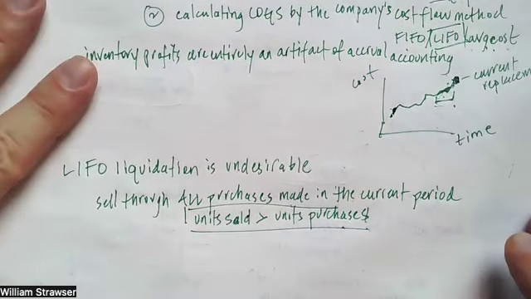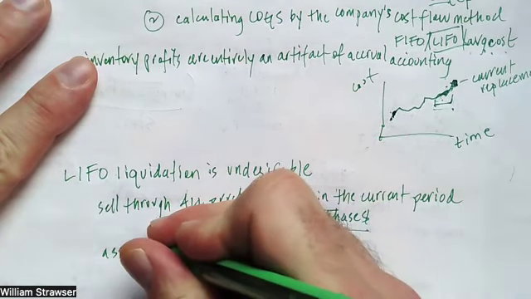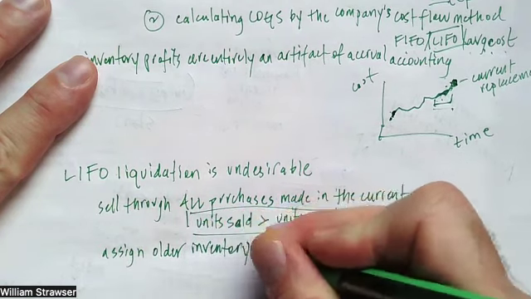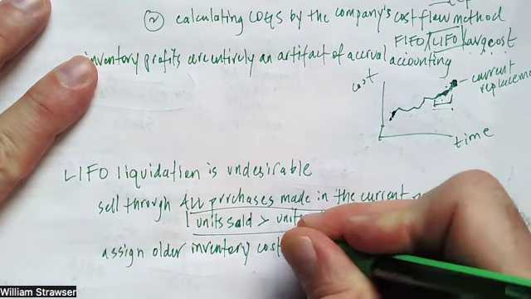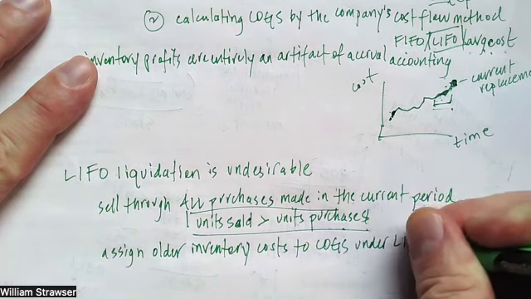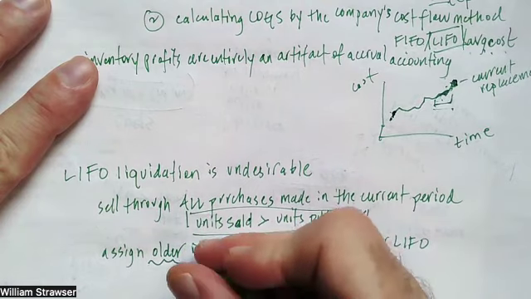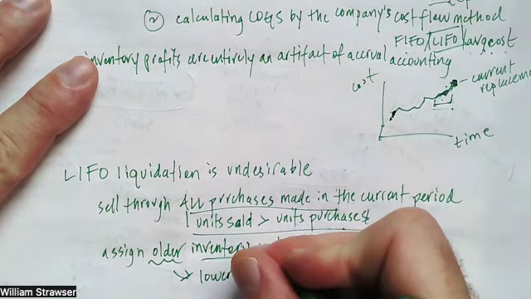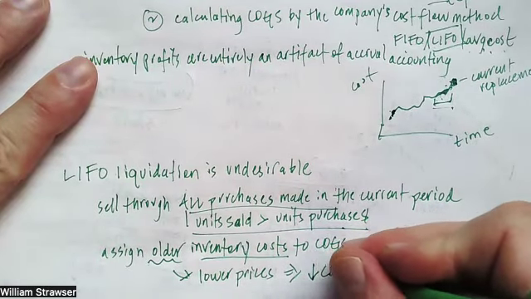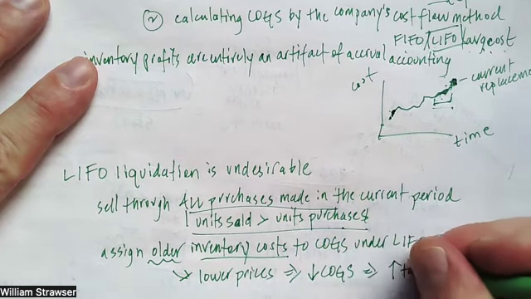So when this happens, we assign older prices under LIFO, older inventory costs, and those older inventory costs tend to be lower prices, which implies we're going to report lower cost of goods sold, which implies we're going to have greater taxes.